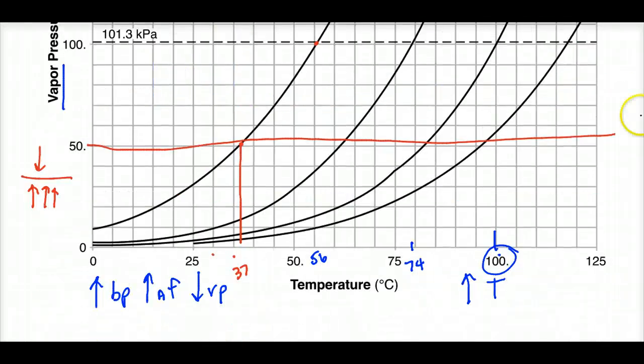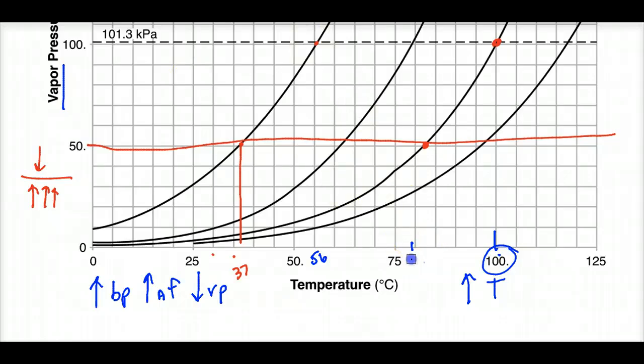So many questions on here are, hey, what's the new boiling point of water? Water usually boils at 100 when the pressure is 100 kilopascals. If now the atmospheric pressure is 50 kilopascals, water is going to boil right here. I'm sorry, I don't know why I put 74 there.